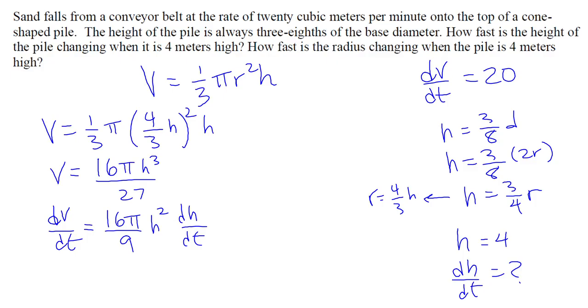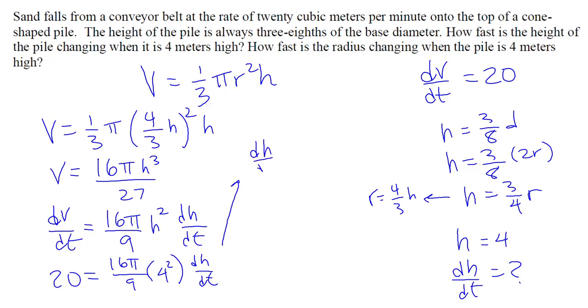We have dV/dt, and we have h, so we'll just plug those in. 20 is equal to 16 pi over 9 times our 4 squared times our dh/dt. And so we'll do a little bit of arithmetic there. We'll multiply by the 9.